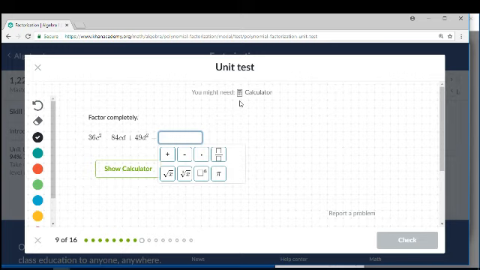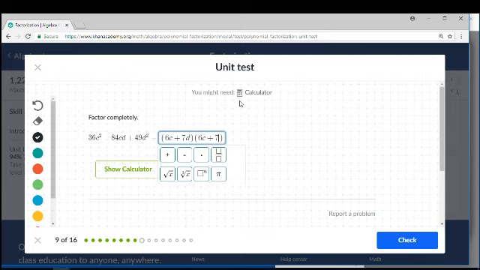So this is going to have to be 7. This will have to be 6c plus 7d. 6c plus 7d.